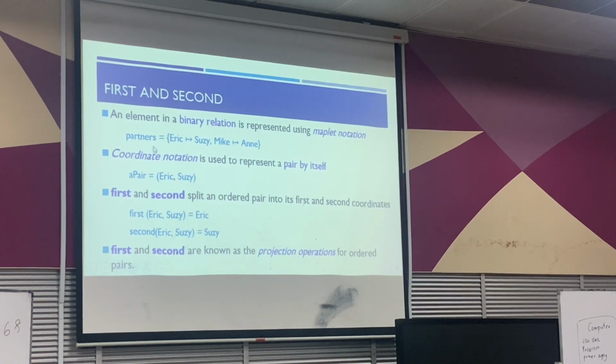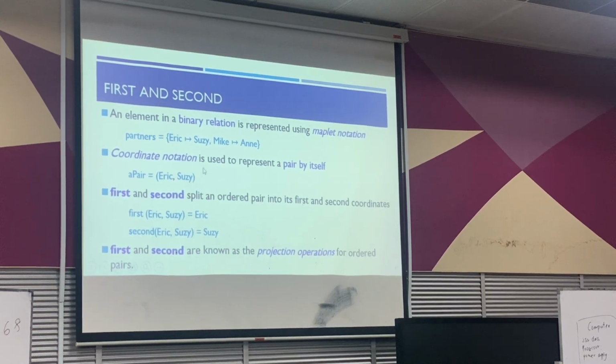This is the one that I showed you just now. When you use a comma, we call it a coordinate, but we are not going to use this anymore. Starting from this week onwards, you have to start using maplet notation already.